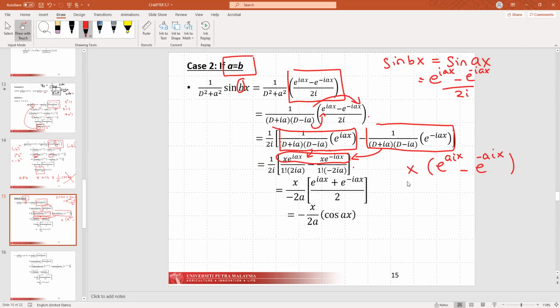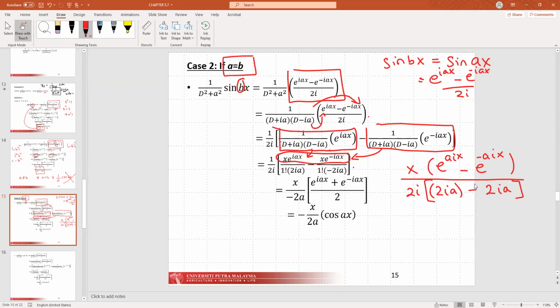Okey, kemudian saya dapat bahagikan dengan 2i darab dengan 2ia minus dengan ia.